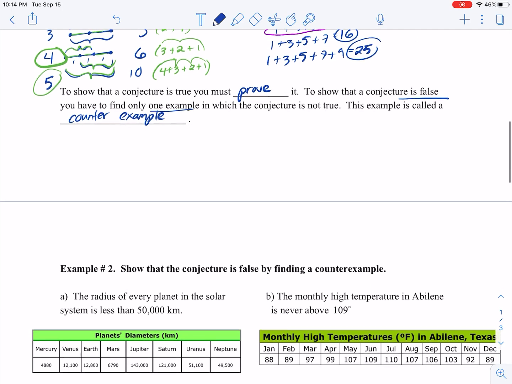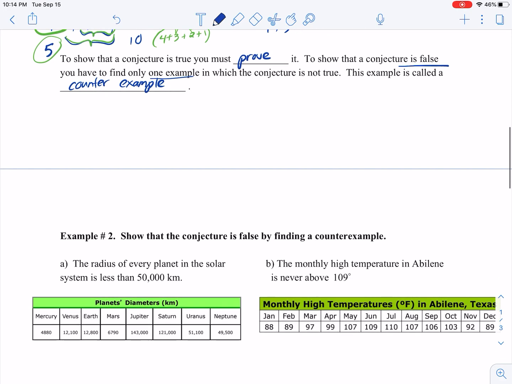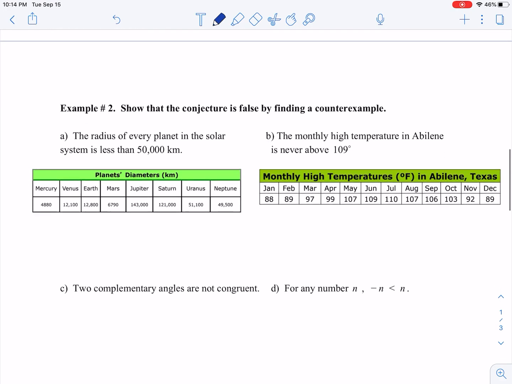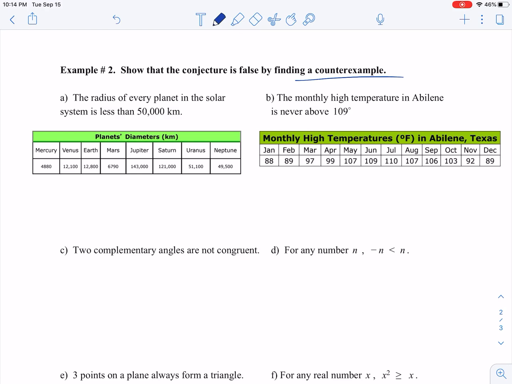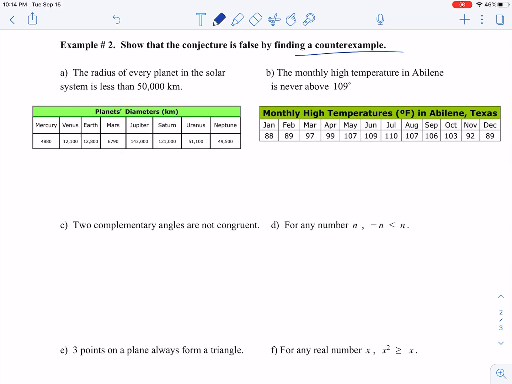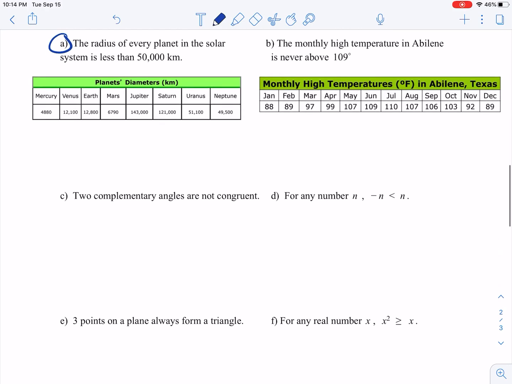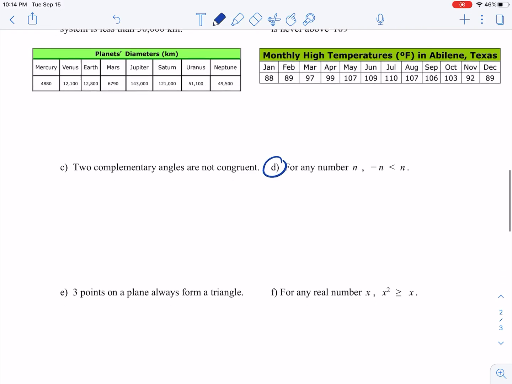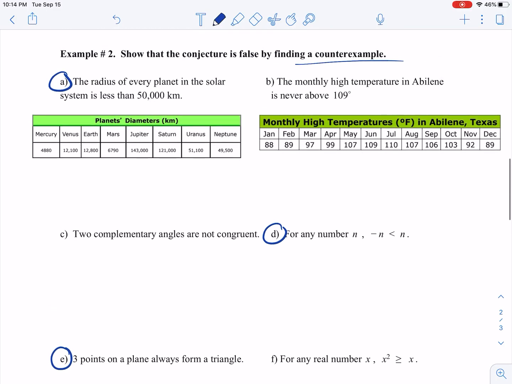So let's go practice now doing kind of the opposite, statements that are going to be false, and we just need to provide one counterexample. So we'll do A together. Let's try D together and E as well, and then we'll let you try the other 3 on your own.